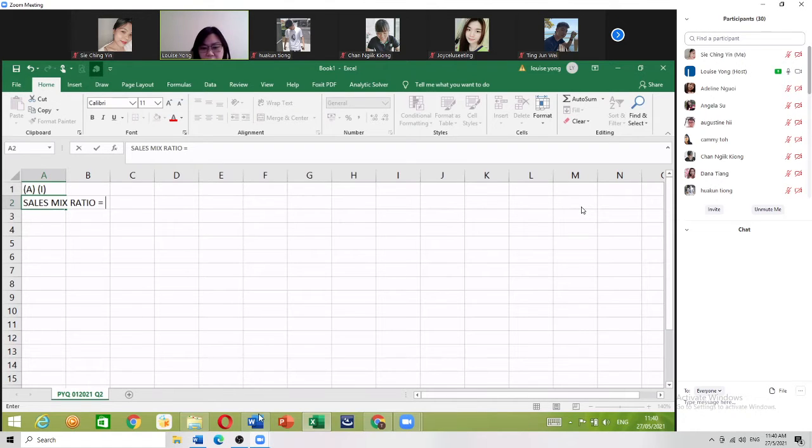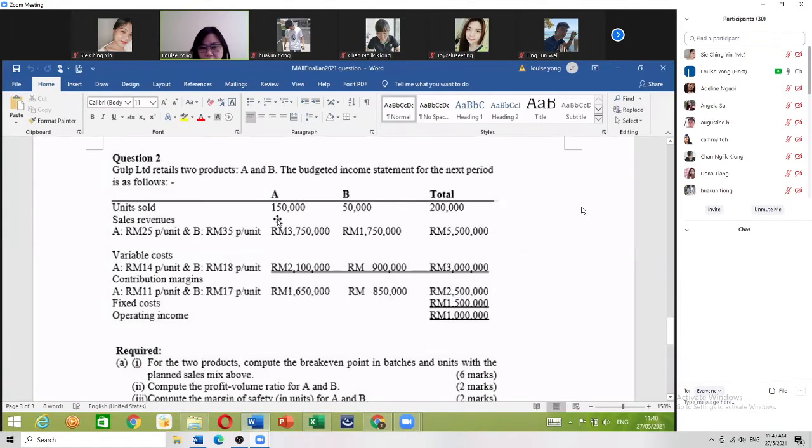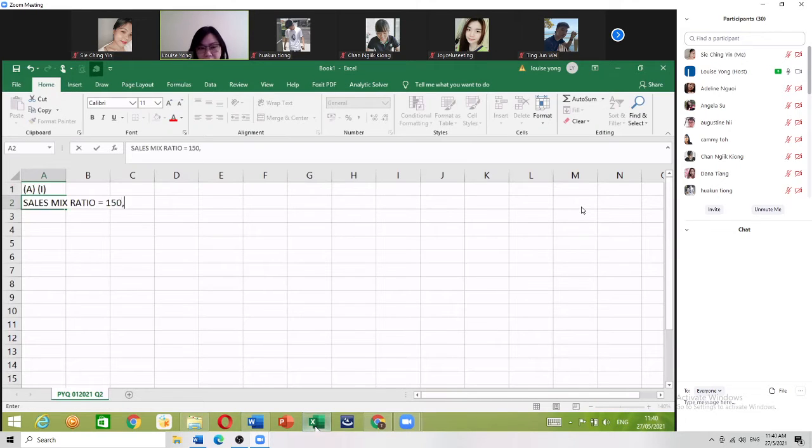So 你要 determine your sales mix ratio, 150,000 跟 50,000. Means that your sales mix ratio here will be 3 to 1.